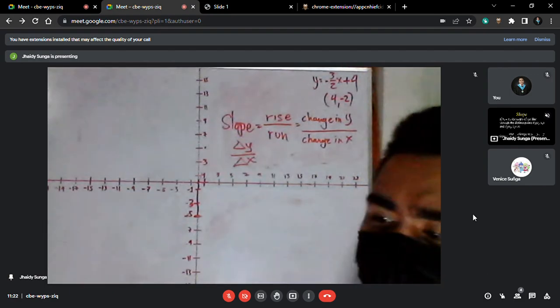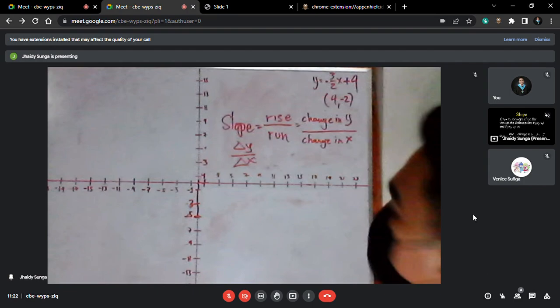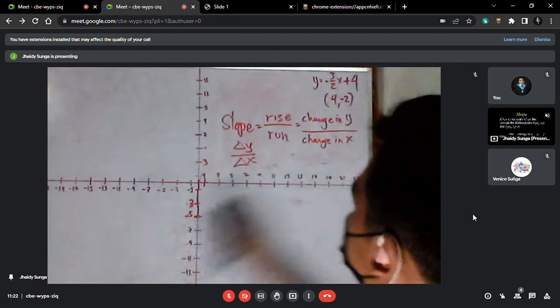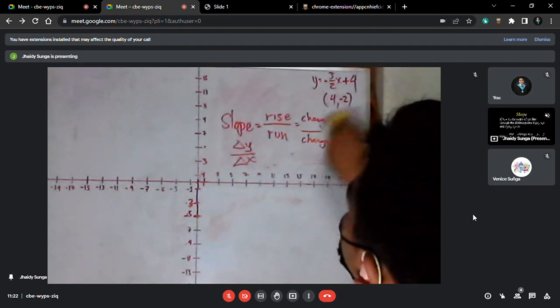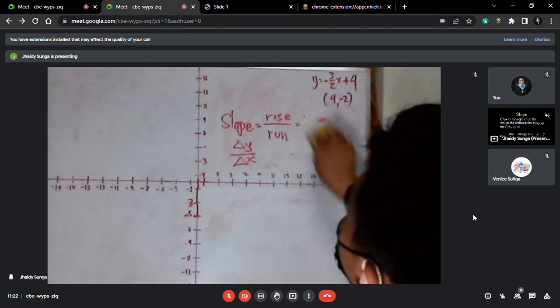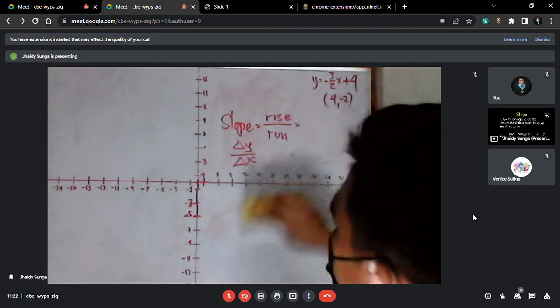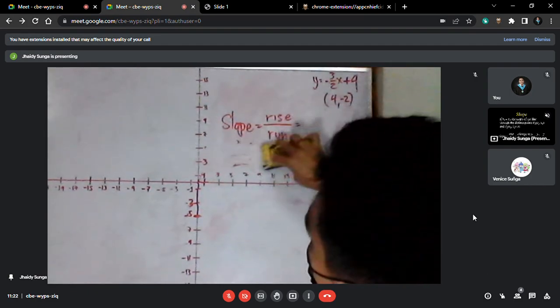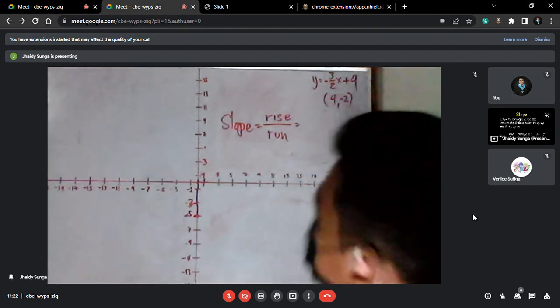So from delta y and delta x, what is the formula of the increment? That's why I have been telling you since then. I'll be erasing this one. So this is an increment. It is important to know what increments are.